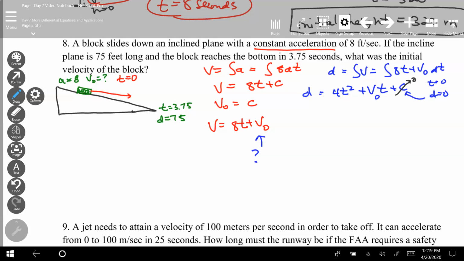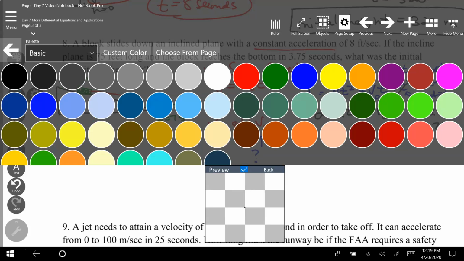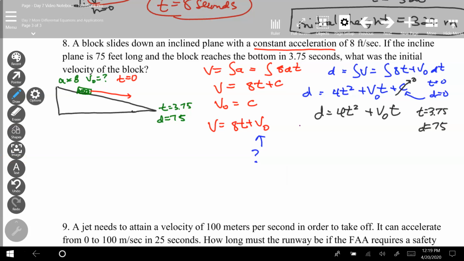Let's graph it. So my d is equal to 4t squared plus v sub 0 t. What do I know? Well, when t equals 3.75 seconds, my distance is equal to 75. So I'm going to go ahead and plug that in. 75 equals 4 times 3.75 squared plus v sub 0 times 3.75.